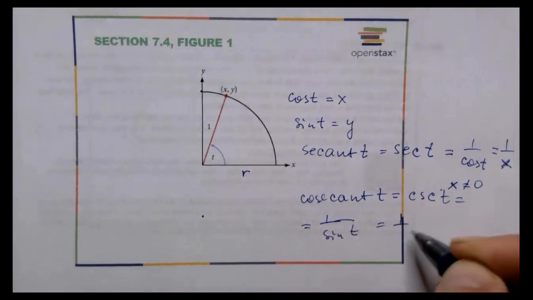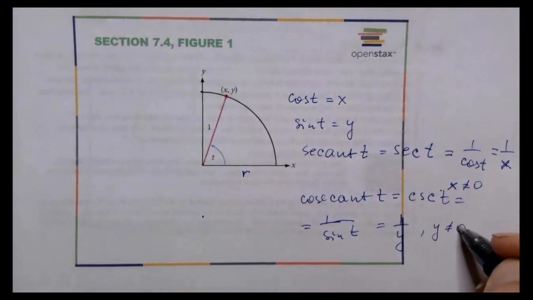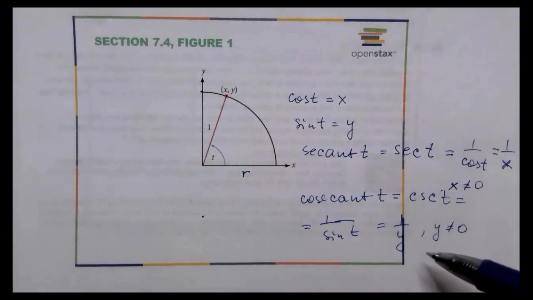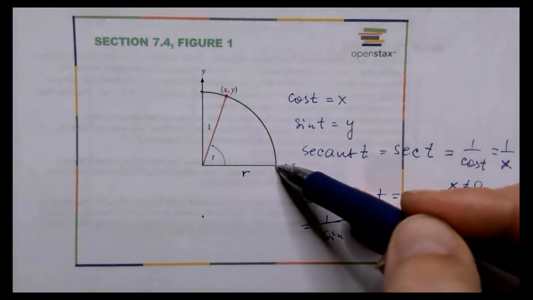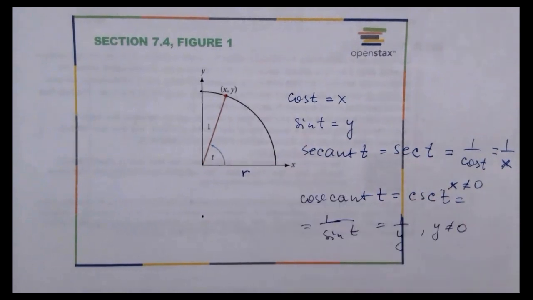So basically 1 divided by y. And again, y should not equal 0. That means that this function is not defined for angles where the y coordinate is 0. So basically you have 0, pi, 2 pi, and so forth.